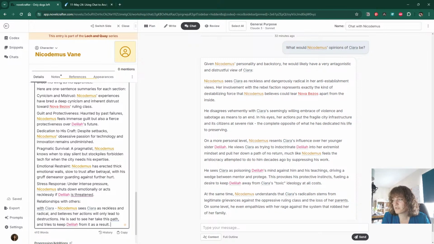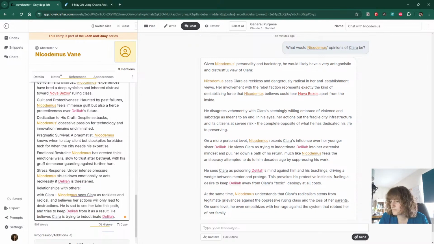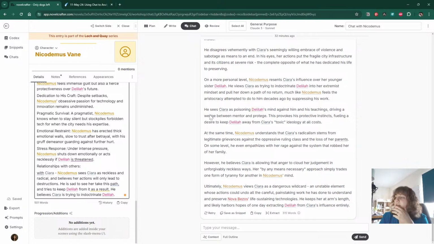As a result, he believes Ciara is trying to indoctrinate Delilah. At the same time, Nicodemus understands her radicalism stems from legitimate grievances. He empathizes, but she's allowing her anger to cloud her judgment. Her, by any means necessary, simply trades one form of tyranny for another in Nicodemus's mind.